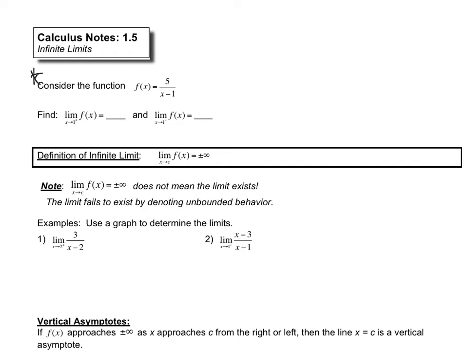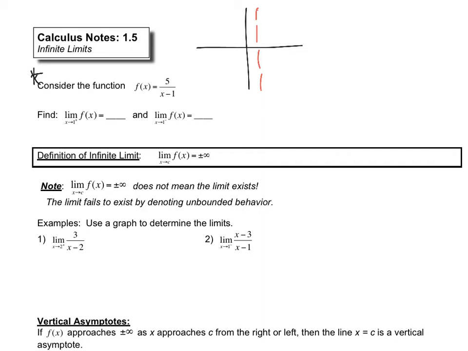If we break this function down, we know it has a discontinuity at positive 1, because if we plug 1 in down here, we would get 5 divided by 0. We also know that if there is an essential discontinuity at 1, that means there's a vertical asymptote at 1.